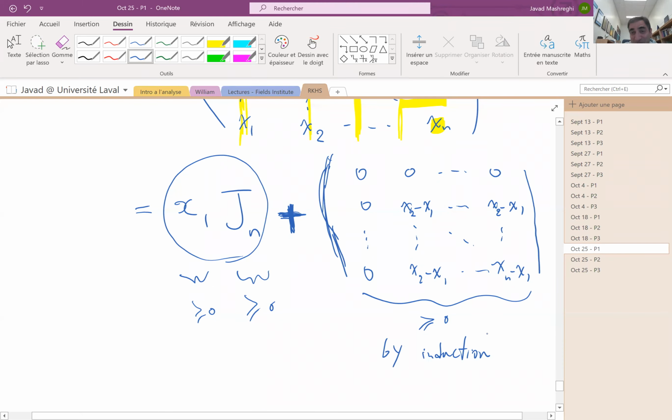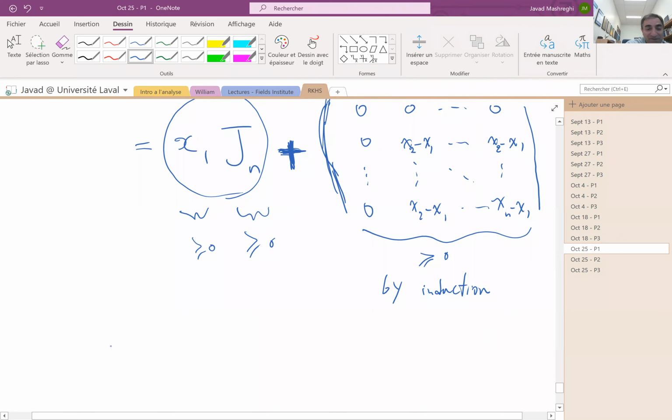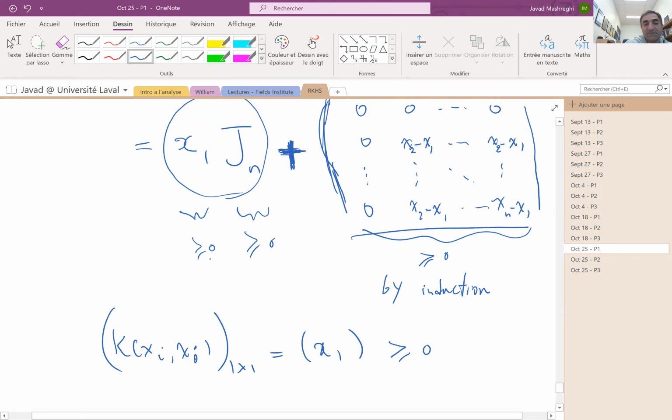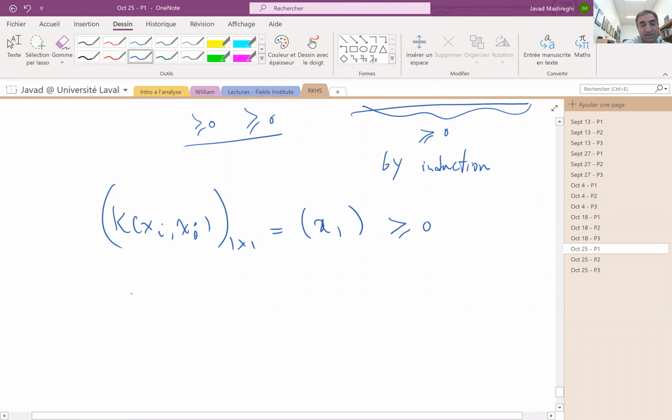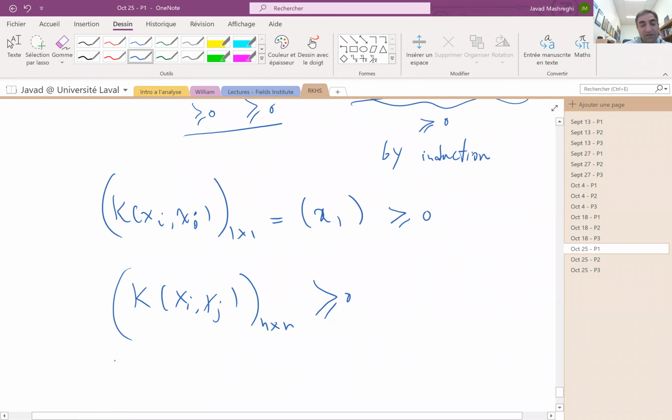N equal to 1 is just k(xi, xj). If we consider 1 by 1, it's just x1. And again, this is another indication why we consider 0 to infinity. It's something positive. So we have a positive matrix here. We have a positive matrix there. We add them up. And the conclusion is that k(xi, xj) for any n is positive. So we have a kernel function.